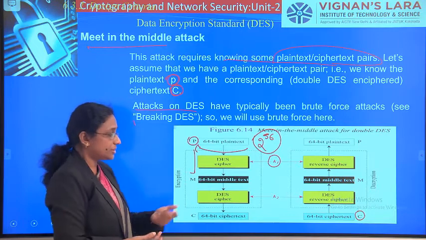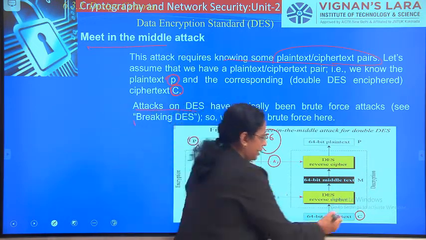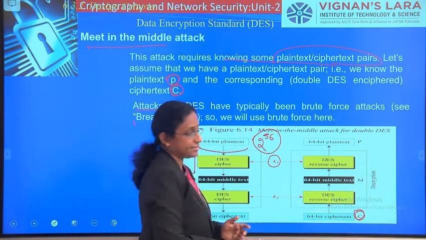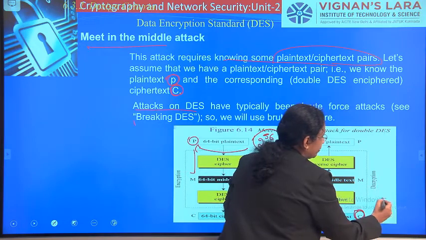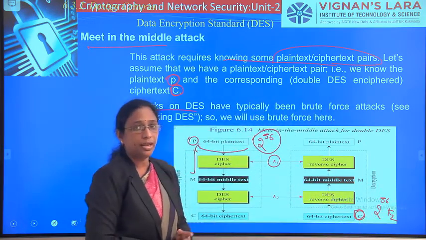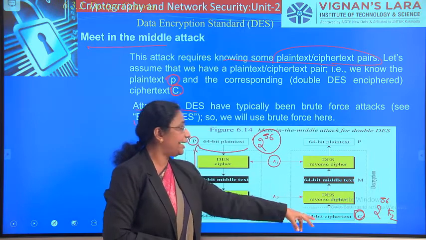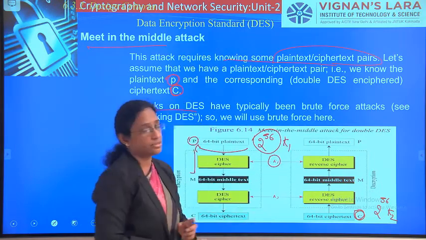Similarly, he takes the ciphertext C and the 2 to the power of 56 possible K2 keys, and this is 2 to the power of 56 possible K1 keys.